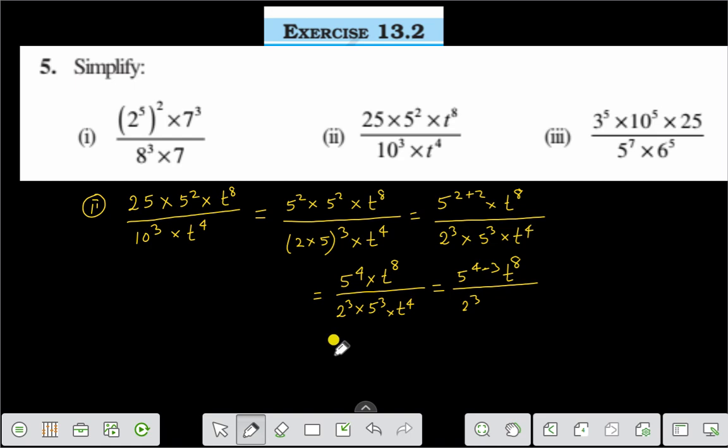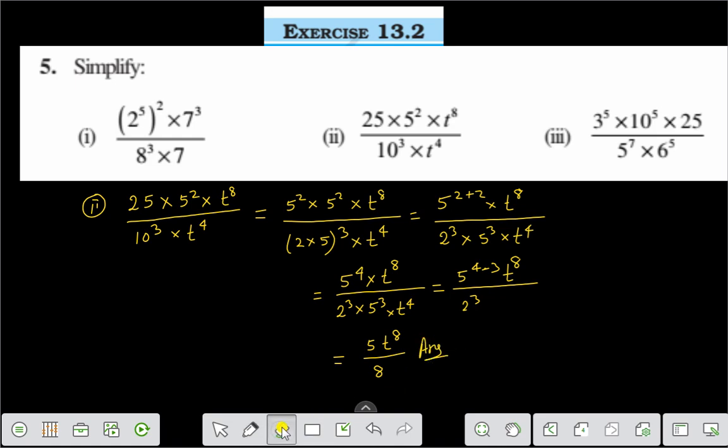Therefore, we are getting 5 to the power 4 minus 3 is 1, that is 5 into t to the power 4 divided by 2 to the power 3. 2 to the 3 means 2 into 2 into 2, 2 twos are 4, 4 twos are 8. So 5 t to the power 4 by 8. This is the answer of question number 2.